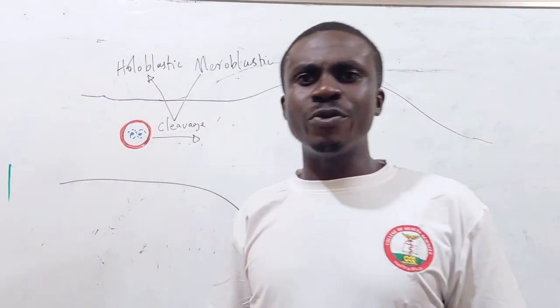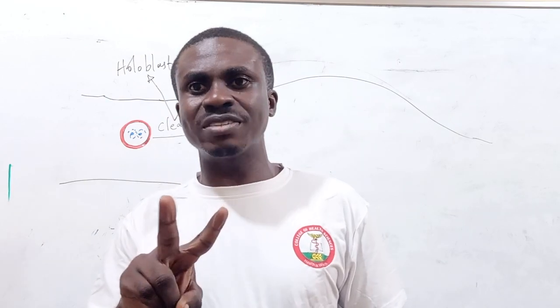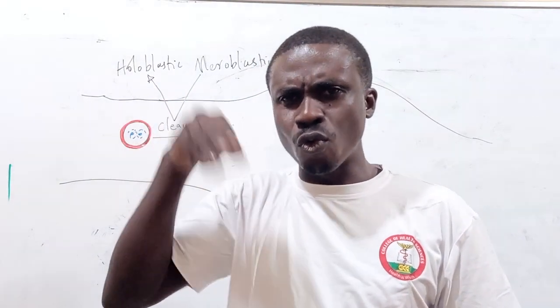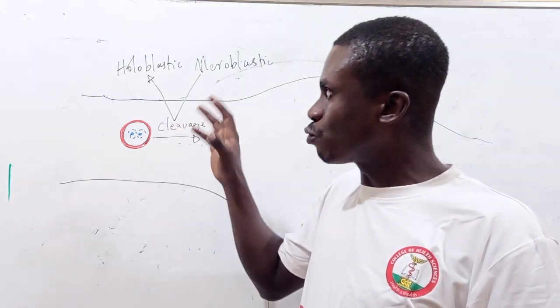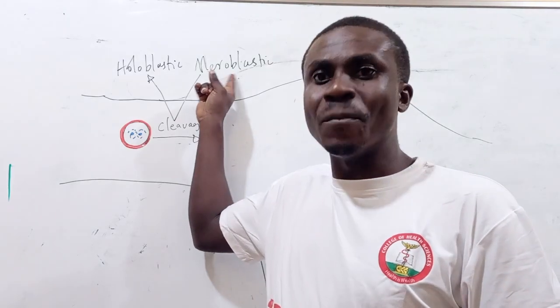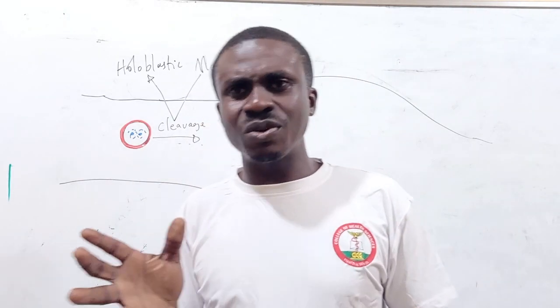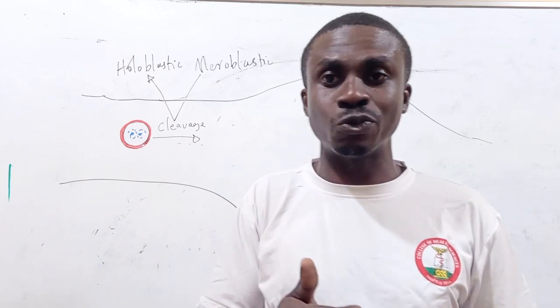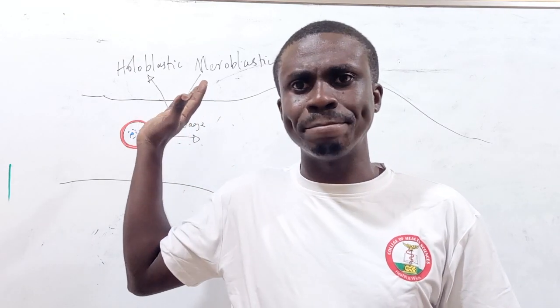So when we talk about cleavage, there are two main kinds that I want you to know. I won't go into the nitty-gritty so much, but one of them is what we call meroblastic. Meroblastic, we see it in reptiles, we may see it in birds, also in some fish. Yes, they will be present over there.